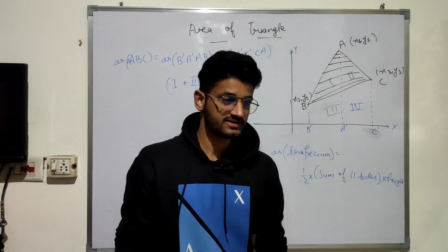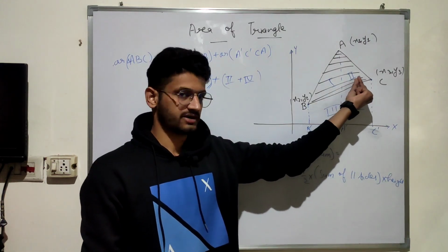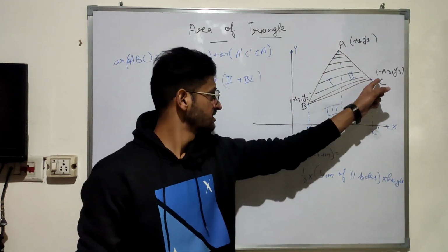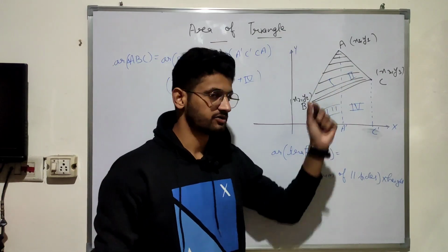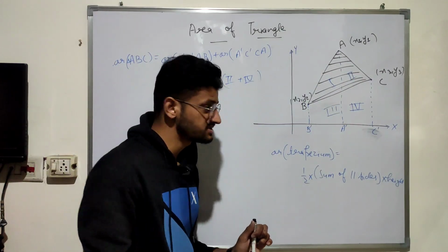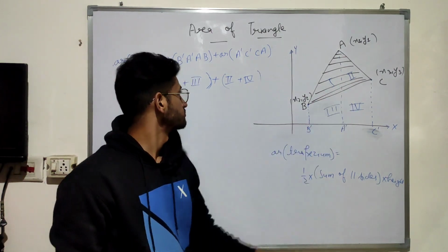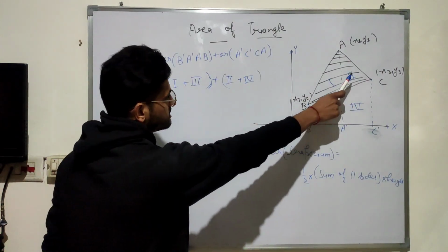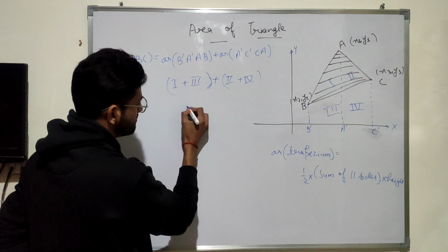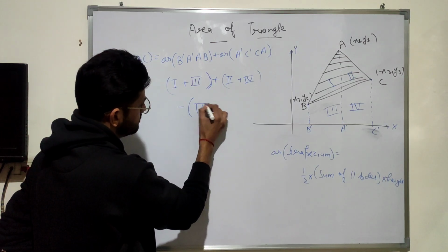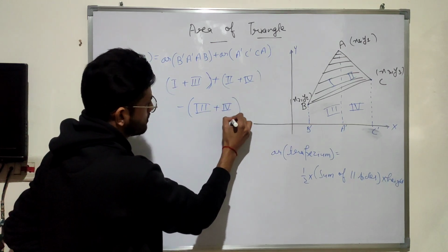In actuality, what we require is the first part plus the second part. We require the area of triangle ABC, which consists of part 1 and part 2. So we need to subtract part 3 and part 4 in order to find part 1 plus part 2. So if we need to find part 1 plus part 2, we can subtract from here part 3 plus part 4.